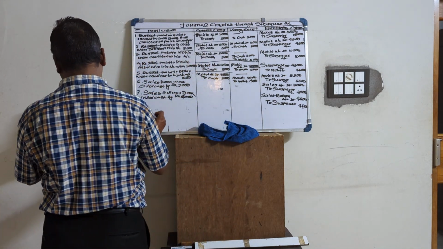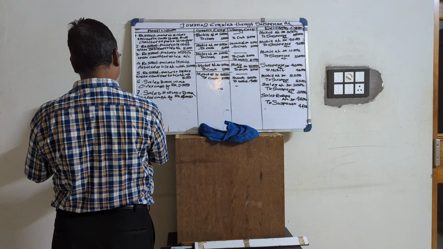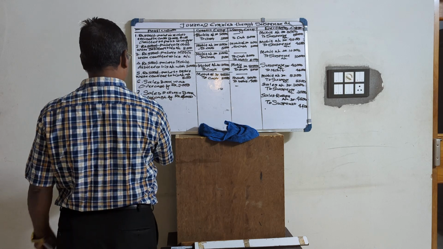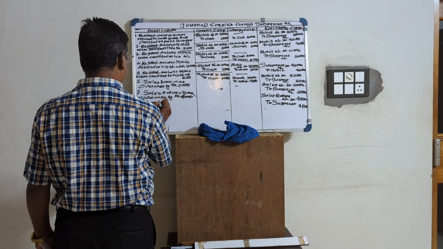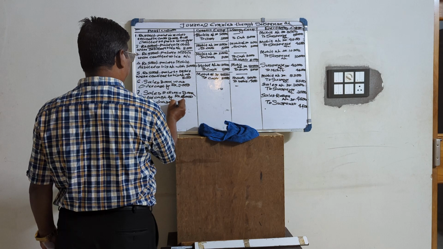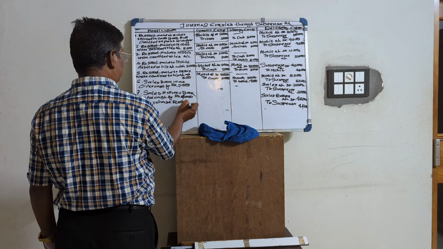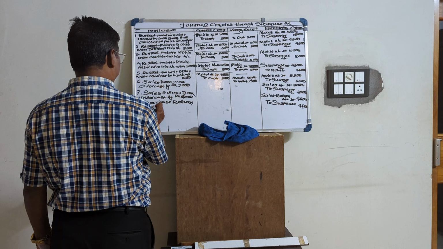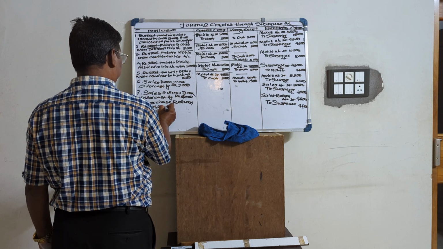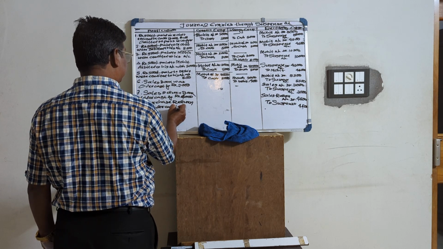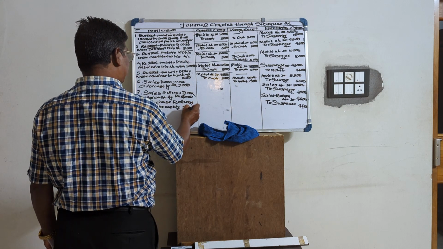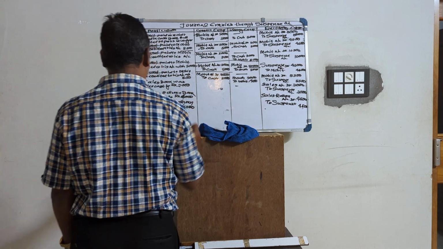Then last, 8. As per our example, purchase return book undercast by 5,000. Purchase book shows a debit balance, purchase return a credit balance.